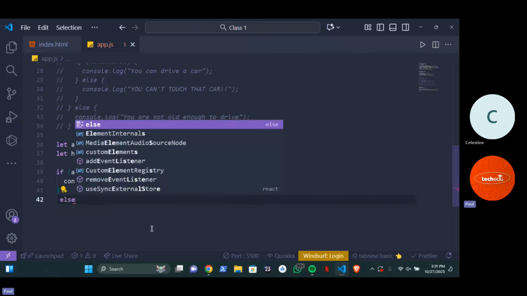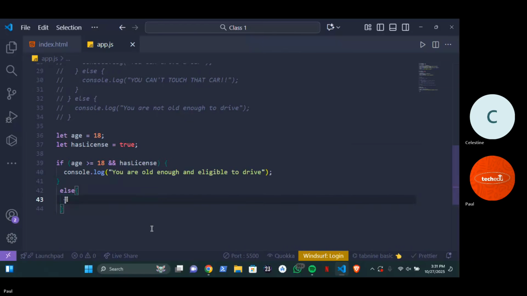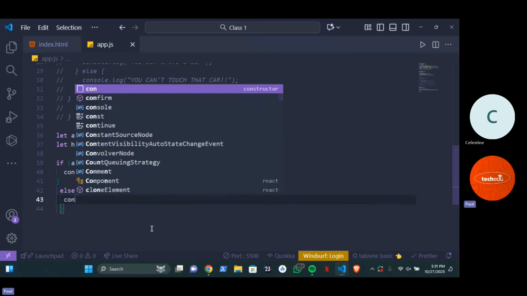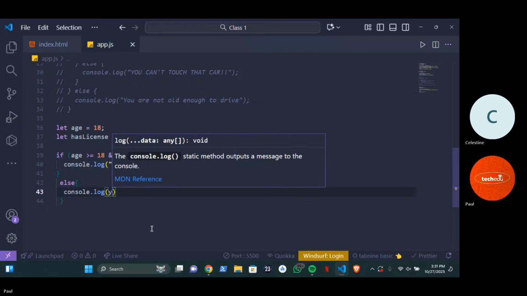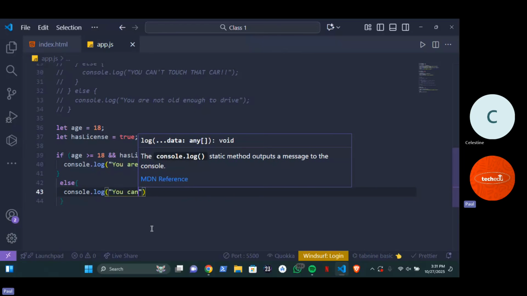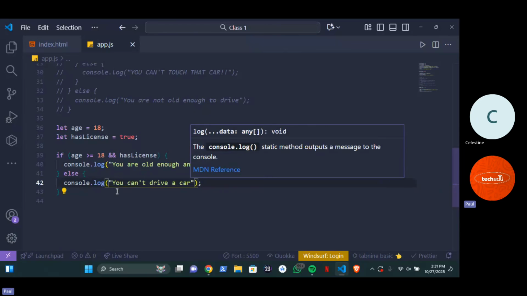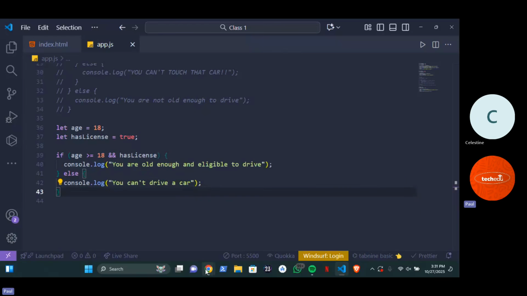Else, you can now have console.log, you can't drive a car. Now, if you check it out, what is going to happen? You are old enough and eligible to drive.